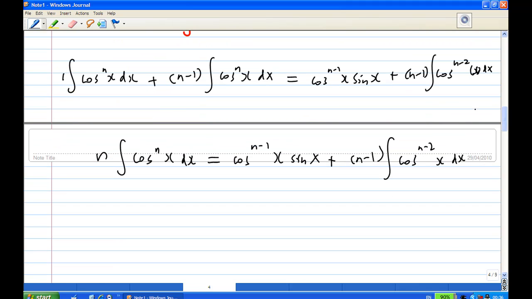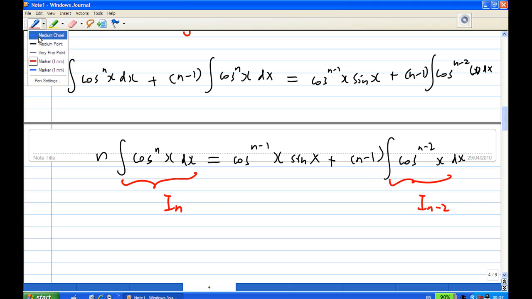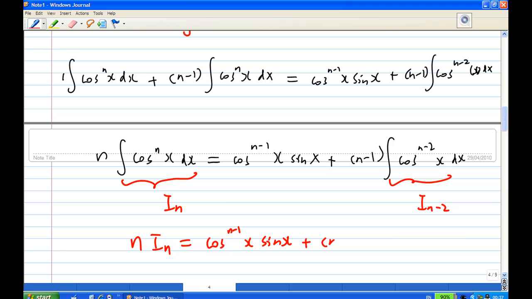Now if I use a short form, let's call this thing I_n. Then obviously this is I_n minus 2, because the power is n minus 2. So I have the reduction formula: n I_n is equal to cosine power n minus 1 x sine x plus n minus 1 I_n minus 2.